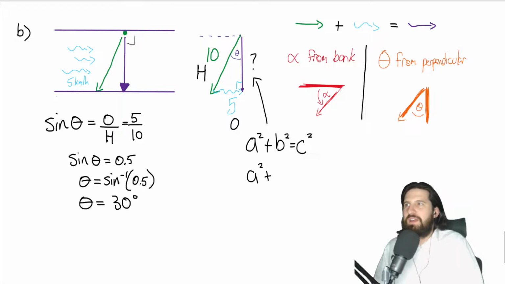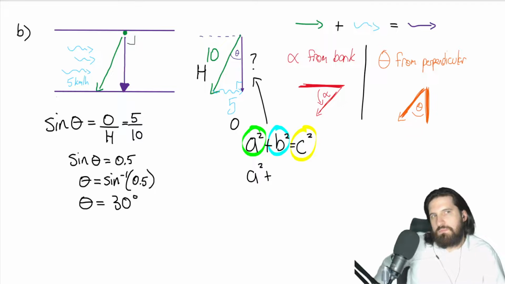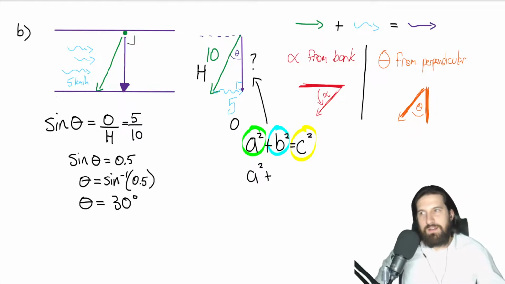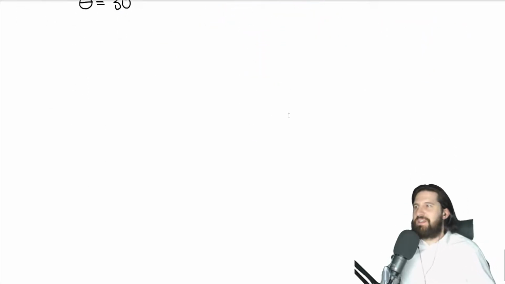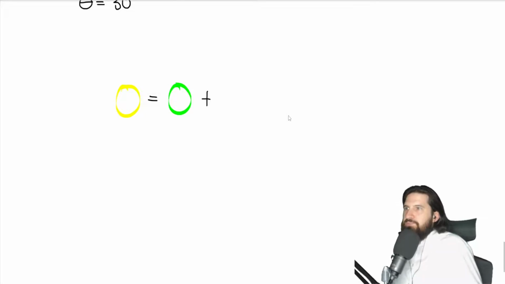Okay, but now let me ask you this. Who is bigger, green, blue, or yellow? Yellow, it's the hypotenuse. Well, okay, but how about this? Yellow is equal to green plus blue.